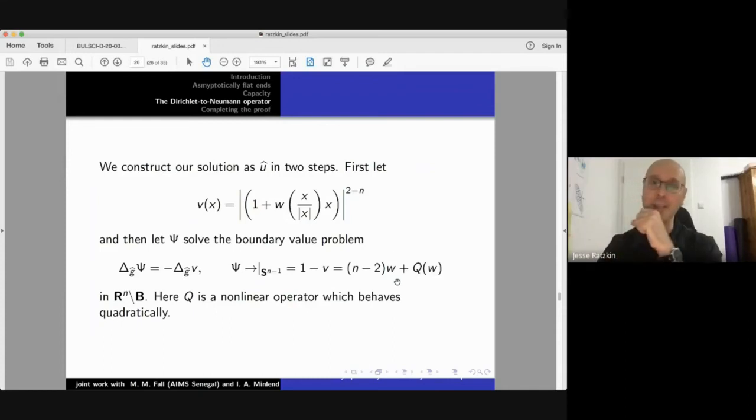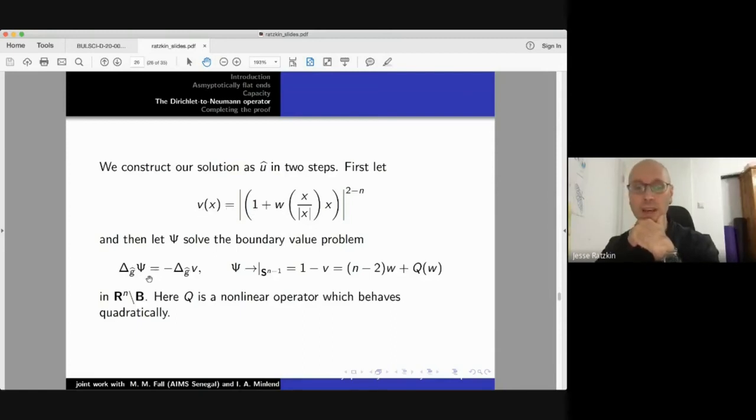So I'm going to start by constructing a solution which just looks like x to the power 2 minus n, but now I want to perturb that x to the power 2 minus n by some arbitrary function on the unit sphere. And the next thing I want to do is, this function v is not going to be harmonic. So what do I do to correct that?